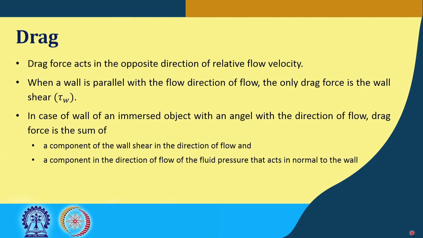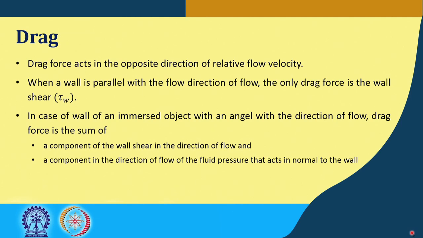So what is basically drag? You already know that, so this will serve as a refresher for your knowledge: this drag force is basically a force that acts in the opposite direction of relative flow velocity.